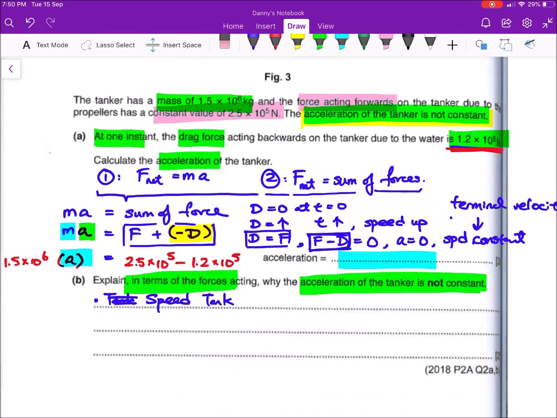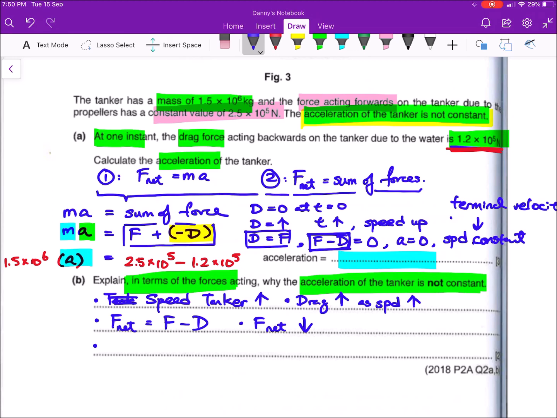So the speed of your tanker will be increasing, and as a result, your drag force will increase as your speed increases. Then give them the expression: F net in this case will be equal to F minus D, the forward force minus the drag force, and because of that, your F net would be dropping.